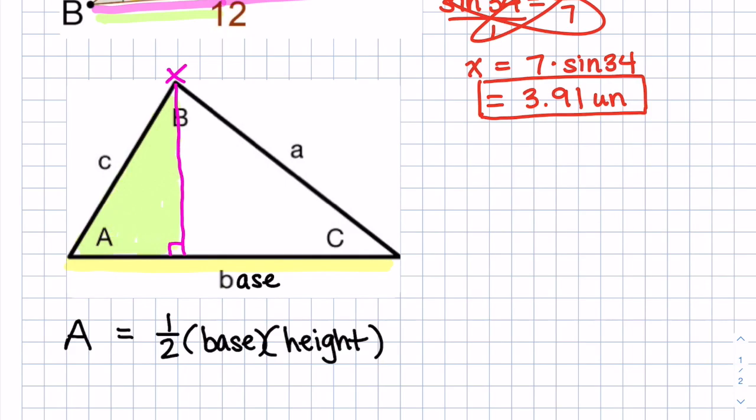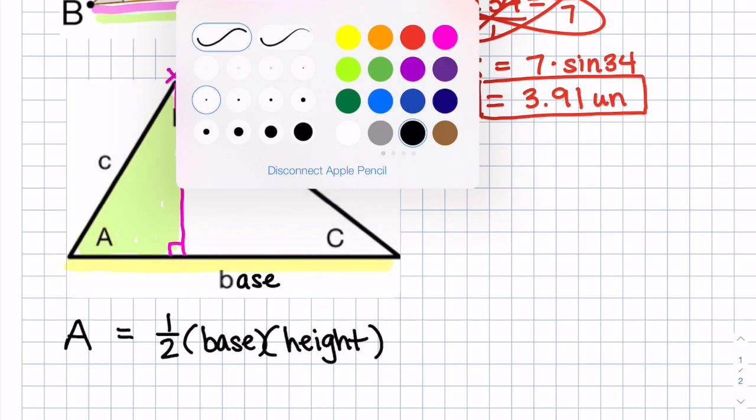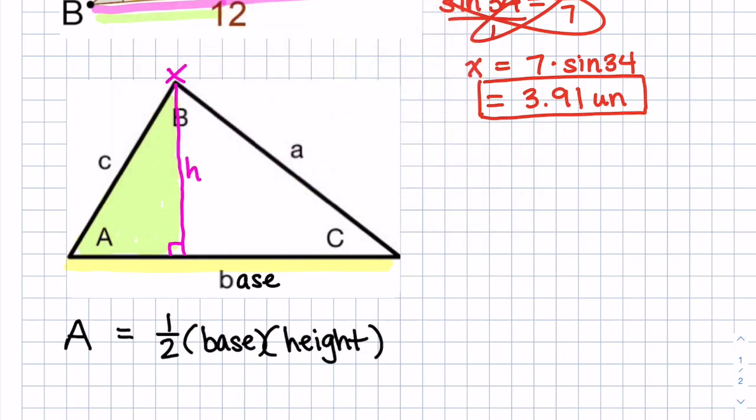Okay, so I'm going to call this H. And in our final answer, remember that H is just a temporary variable, so I can't actually use H in my final answer. So I'm going to use it for now, but I'm going to get rid of it.